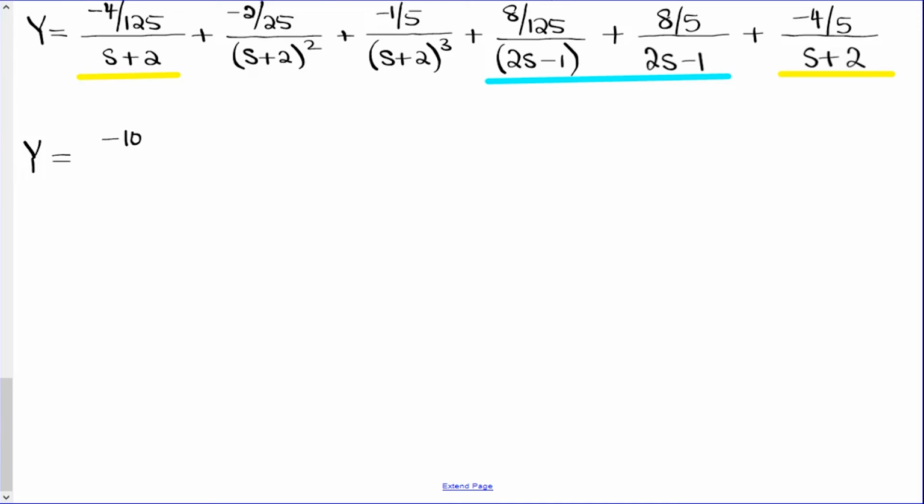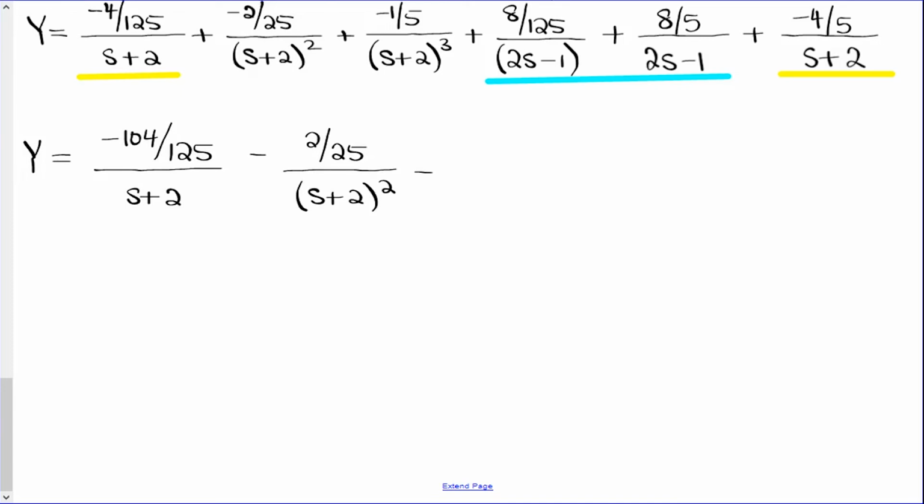I get minus 104 over 125 over s plus 2. The next few terms are going to remain as they are. And then 8 over 125 plus 8 over 5 gives me 208 over 125.